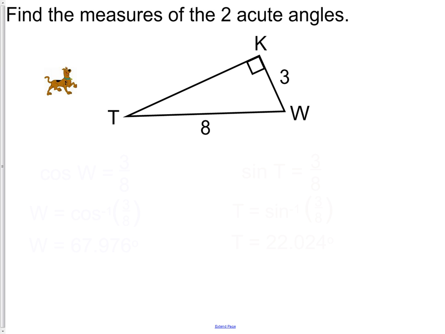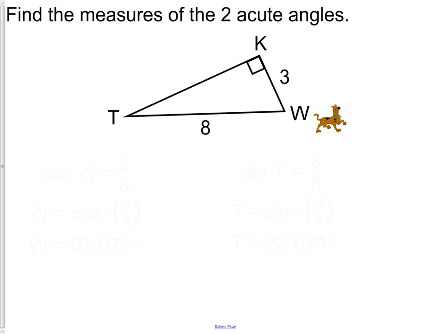Okay, let's try a problem. Here we want to find the two acute angles of this triangle. Let's start with W. So I'm going to put SOHCAHTOA over here, and that's what I want to use.